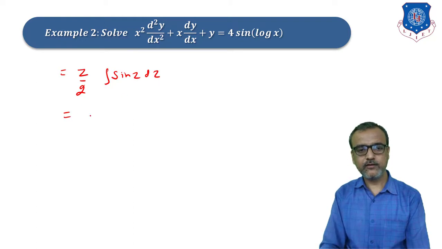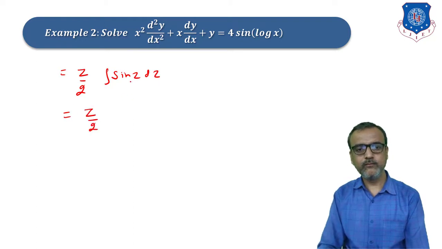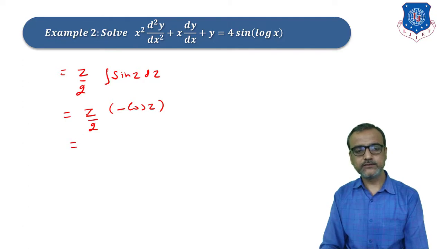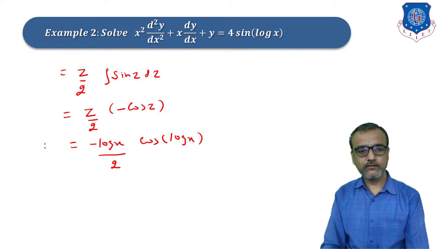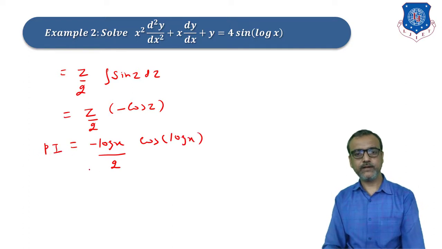So this is equal to 2z times the integration of sin z, that is -cos z. Now replacing z by log x, we will keep this minus sign outside, so -2 log x cos(log x). So this is the required PI.